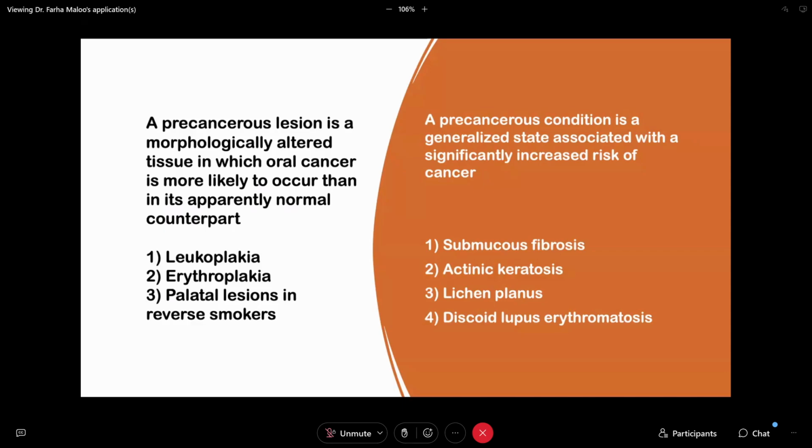Precancerous condition is a generalized state associated with significantly increased risk of cancer. The conditions we are going to discuss today would be submucous fibrosis, actinic keratosis, lichen planus, and discoid lupus erythematosus.